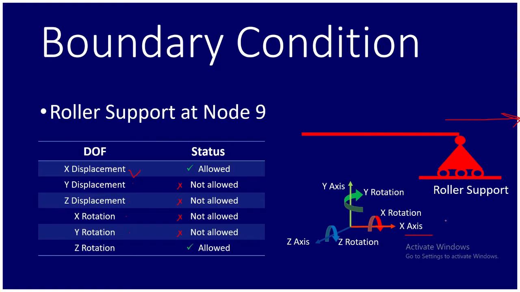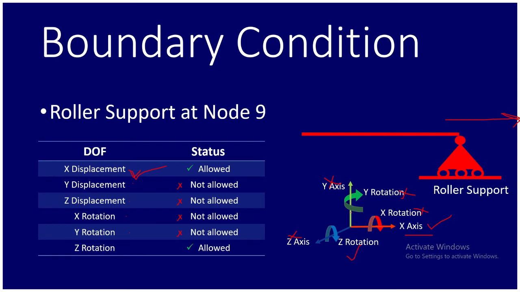So this is the x axis, so x displacement is allowed, and this is not allowed, this is not allowed, this is not allowed. Again z rotation is allowed, and z displacement is not allowed. Okay, so this we have to apply.